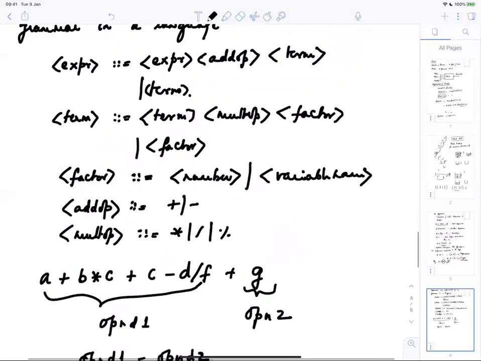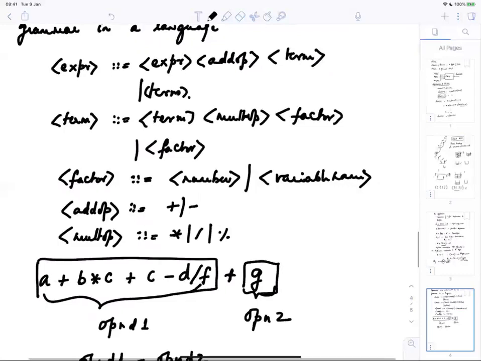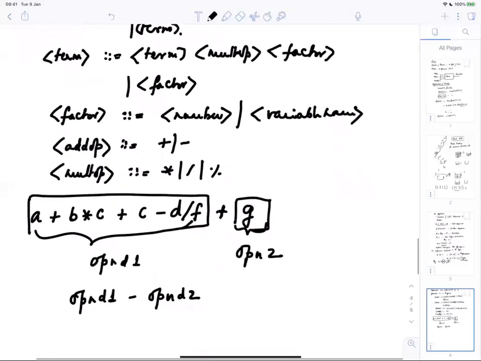So if you notice how we're evaluating the expression, we're starting from the right. Look at this plus here. This whole thing is evaluated, and to that we add the value of g. Okay, and then what do we do?